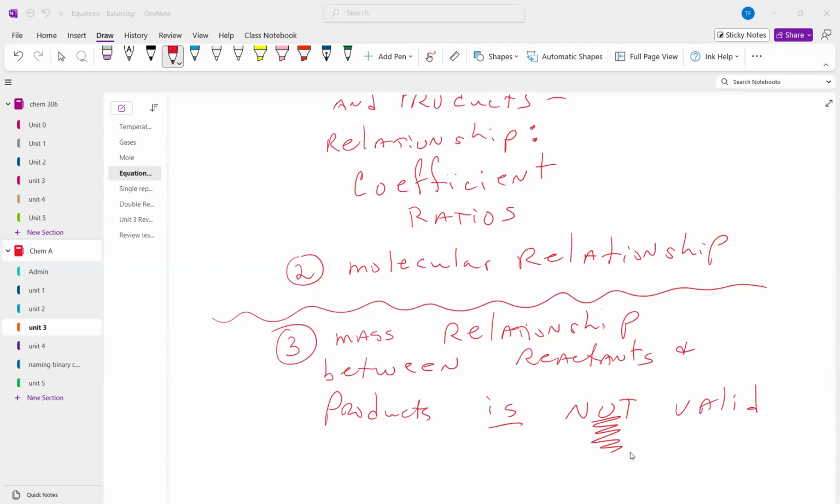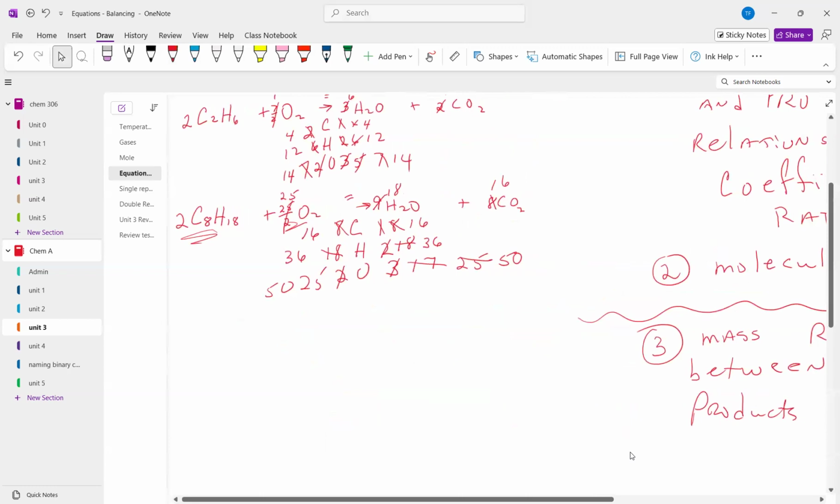So what do we mean by that? 2 grams of octane does not react with 25 grams of oxygen in order to give you 18 grams of water and 16 grams of carbon dioxide. It's a mole relationship, a molecule relationship, not a mass relationship, okay?